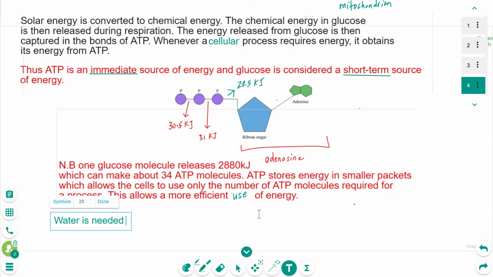Water is needed to release the energy from ATP in a process called hydrolysis.